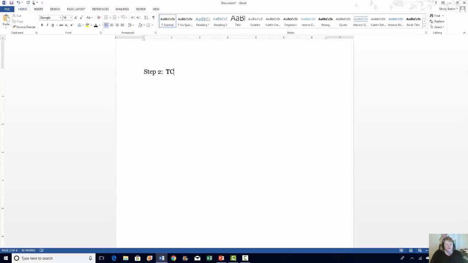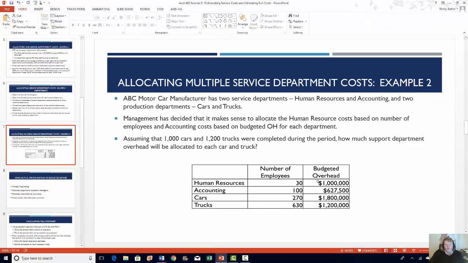Okay, so our total cost for HR, and according to our chart, let's take a look at our chart. Human resources is $1 million. Accounting is $627,500. Cars is 1.8 million. Trucks is 1.2 million.